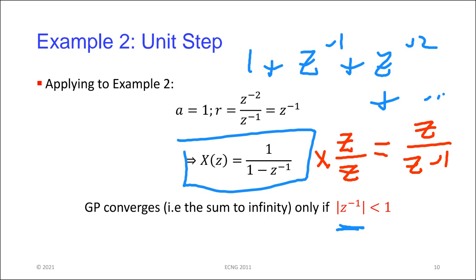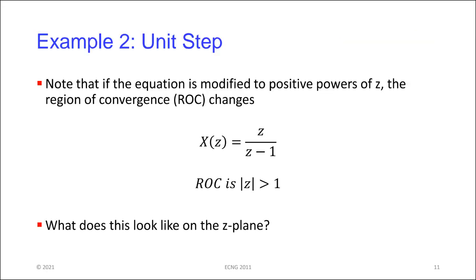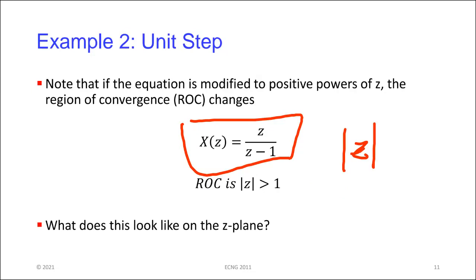So I could very easily convert from negative to positive indices. You know that already. You just have to look at the largest negative power that you have here and multiply by Z to the positive power of that. So you can express this in this form. And this will only converge if mod Z is greater than 1.